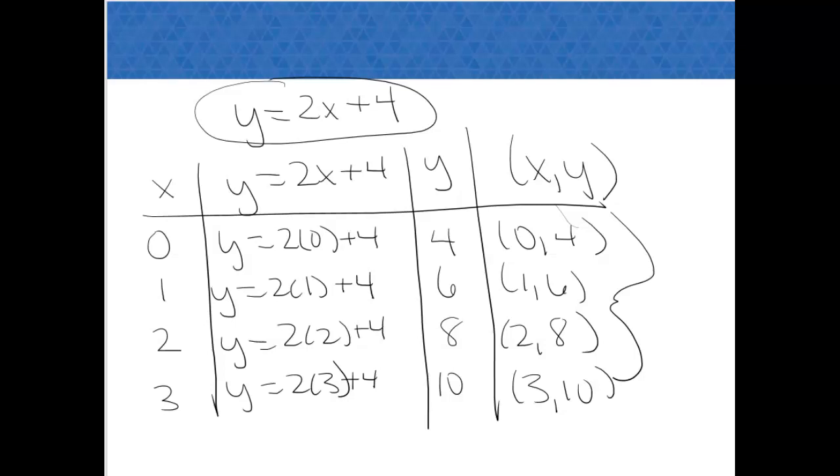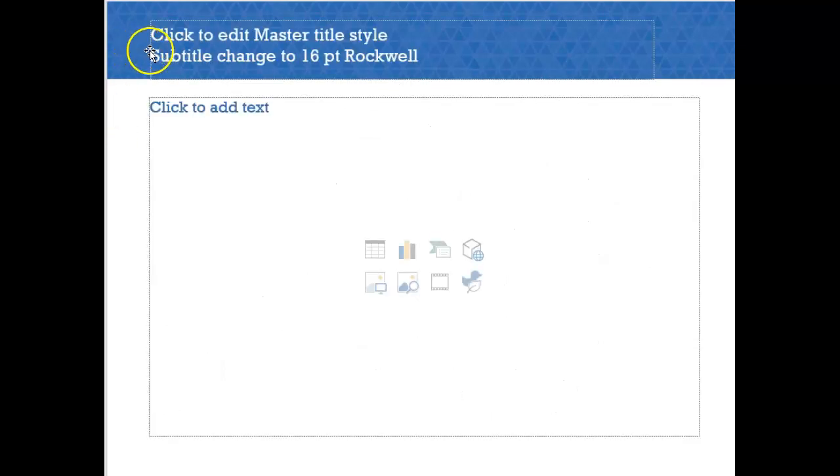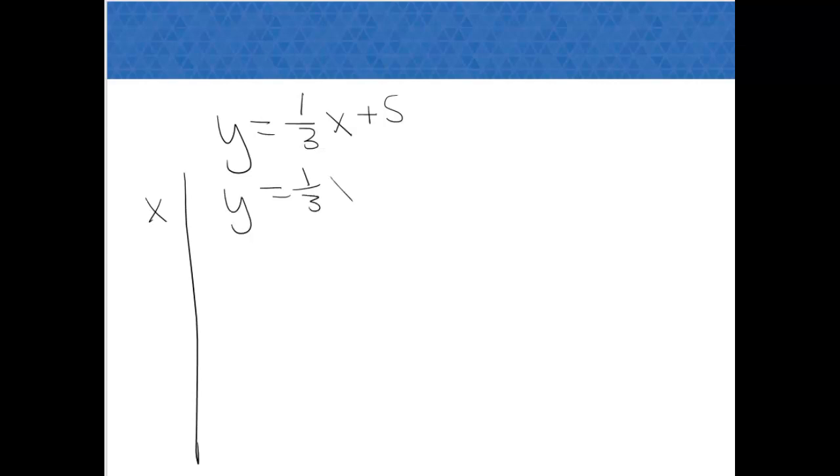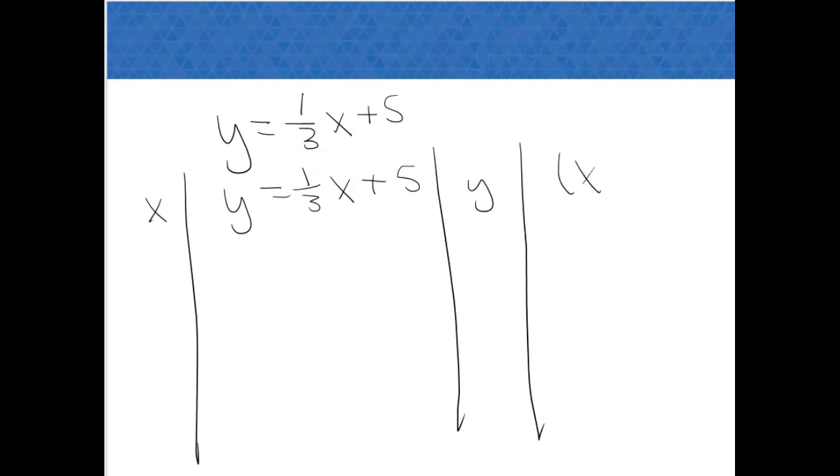I'm going to show you one more. If you have a fraction with your x, which will happen more times than not, and you're supposed to make a table of values to find 4 ordered pairs, I still always pick 0, but you want to pick numbers that when multiplied by 1/3 gives you a workable number.